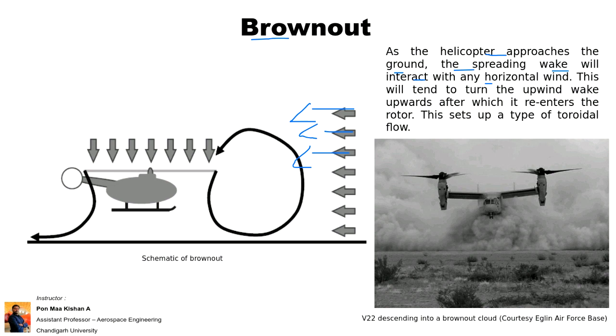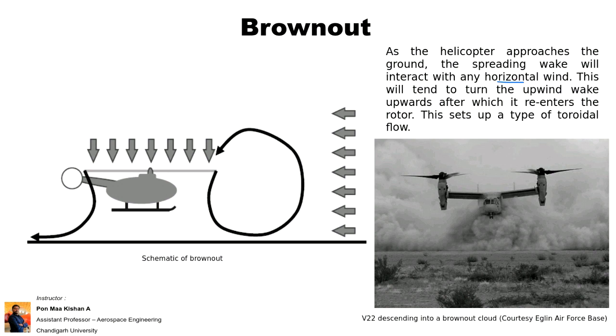When the helicopter starts to descend, it is already going to generate an inflow, as well as a wake formation, right? Now there is a horizontal wind, let's say tailwind or headwind, whatever, or crosswind. Here it is considered as a horizontal wind.